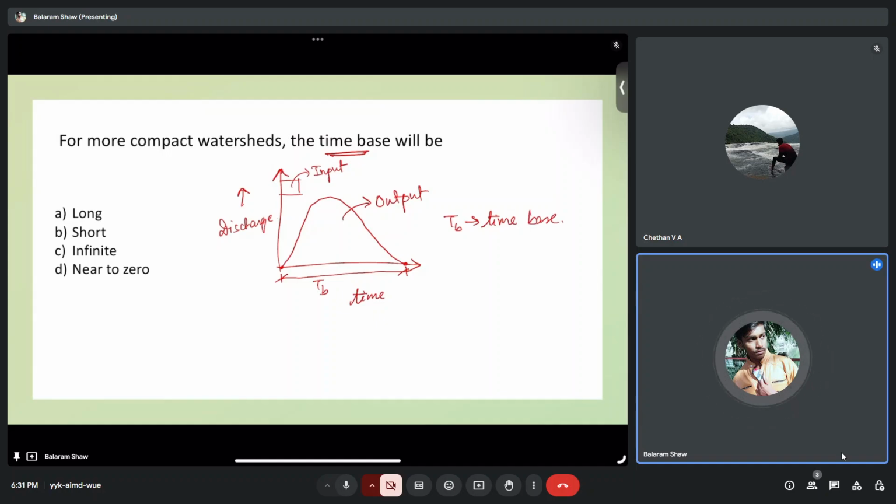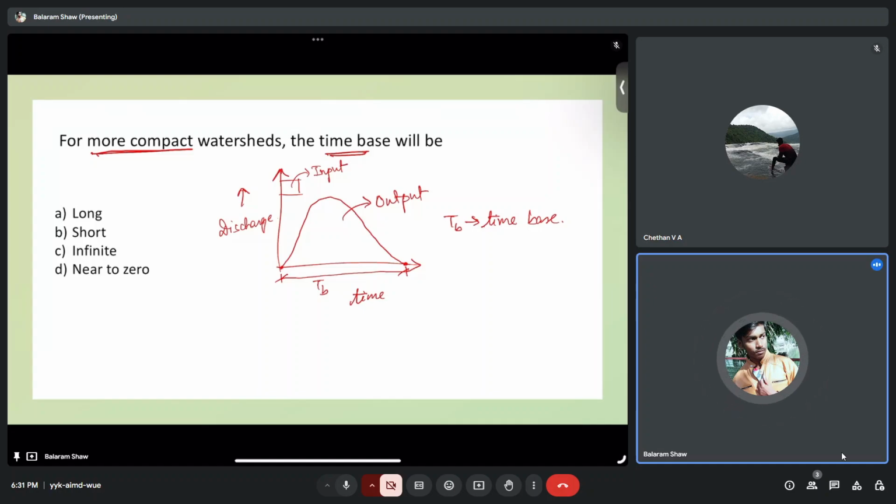Now, what is the question? The question is for a more compact watershed. Let's say a watershed is very compact. In that case, what will happen? The time base will be very short, right? Why? Because it is a very compact kind of watershed.